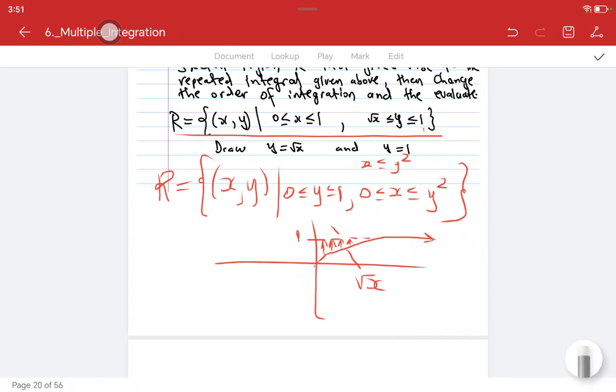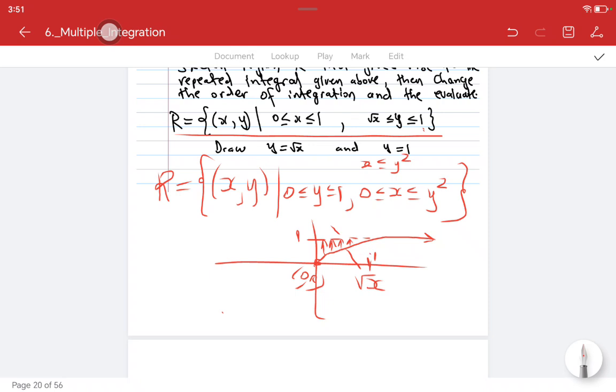Then we check here. We say that x is from 0. When x is 0 in this case, y will be 0. That's the x axis of that graph. Then we say that x moves until 1. So when x is 1, we can check what y is. Y is also 1.